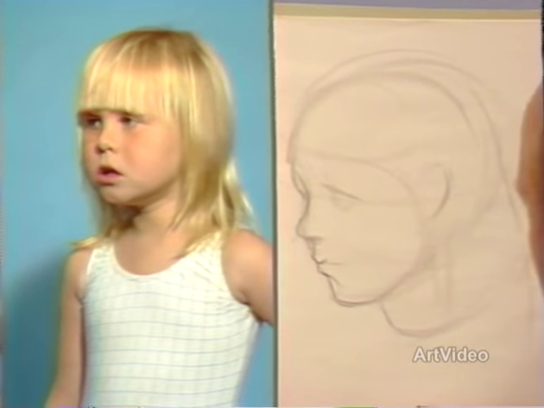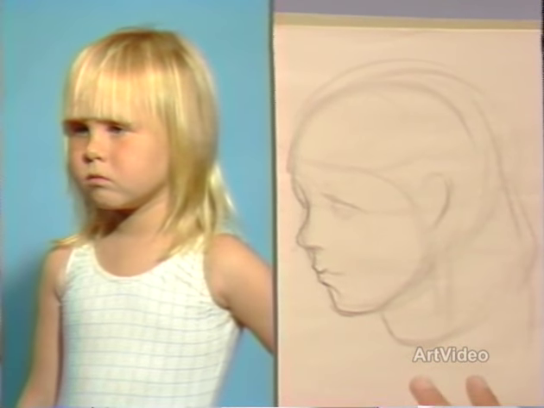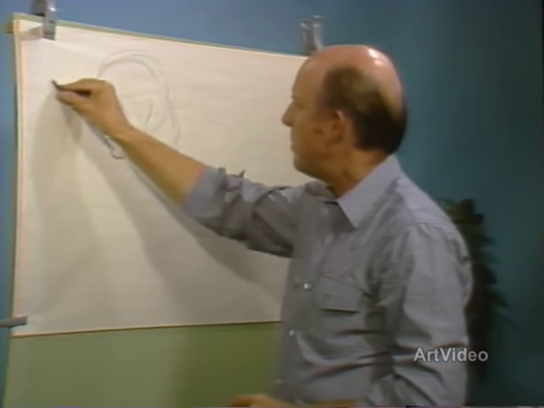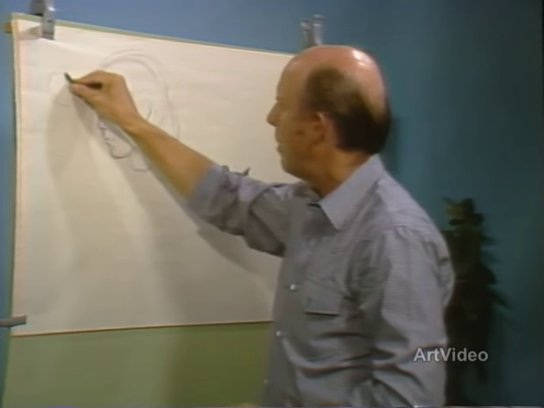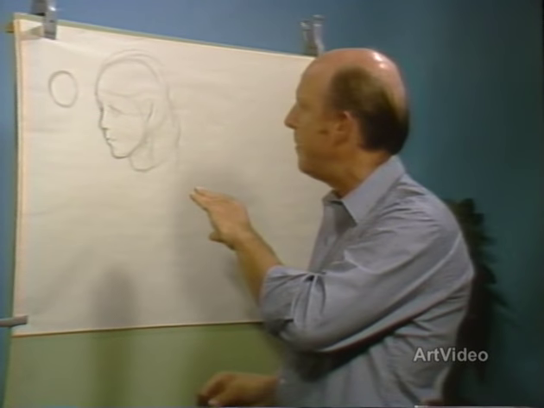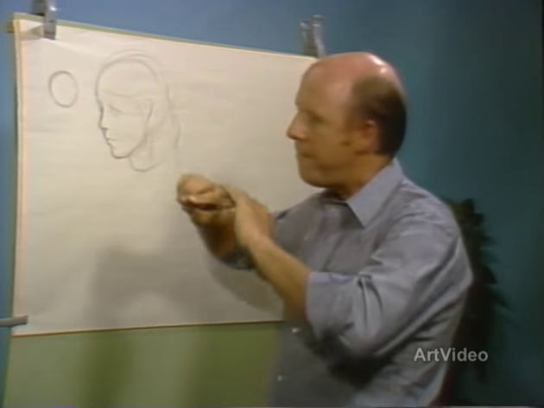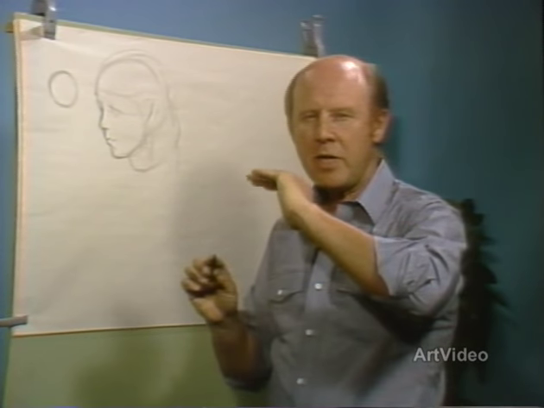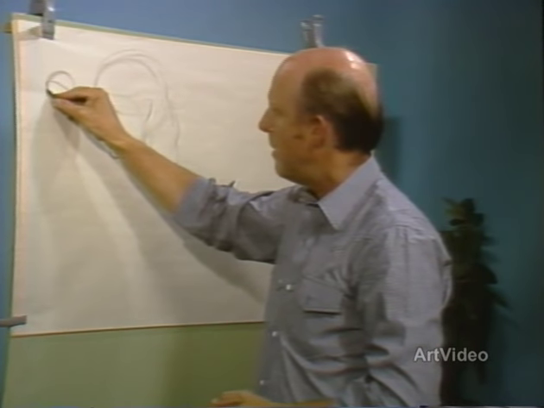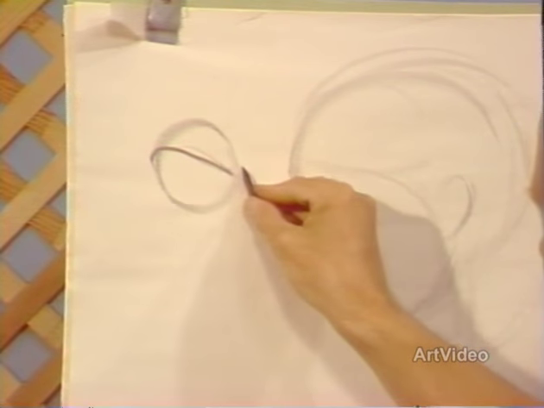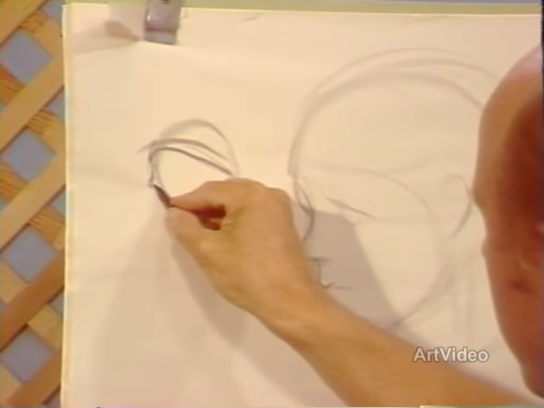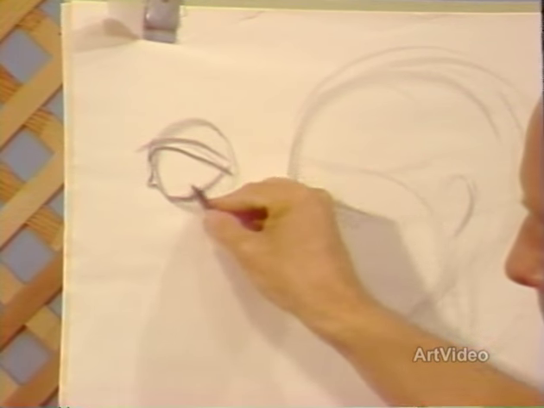Okay. Now, a word about dealing with the eyes. The eyes, as we talk about them, are basically just round balls. So what we try to do is feel the way an eyelid goes over that ball. So we can try to see these forms going this way, pulling across and going around in here.